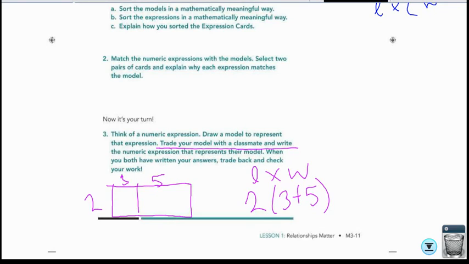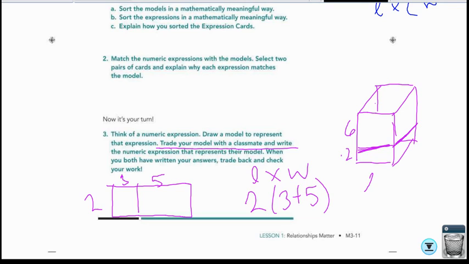A different way I could do it is I could draw this rectangle. And so this could be 2, and then this could be 6.